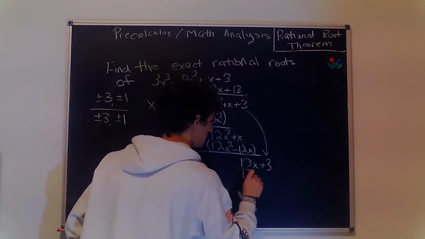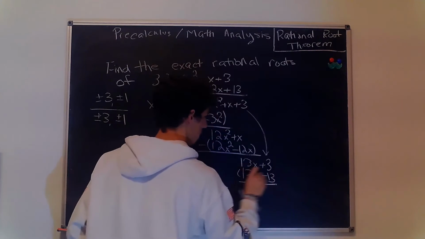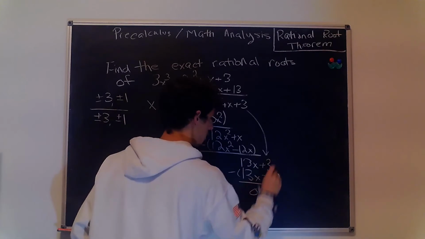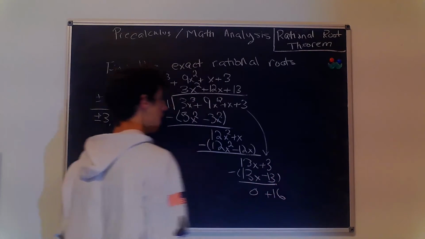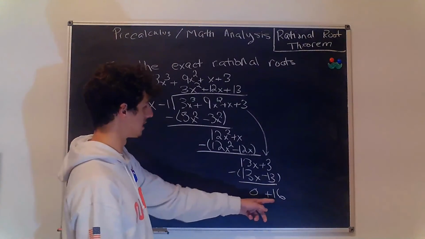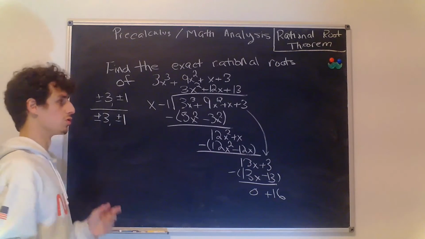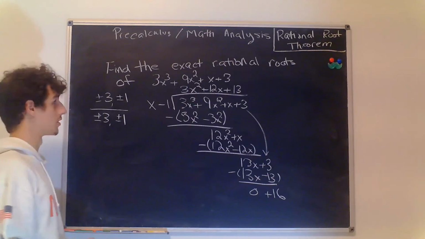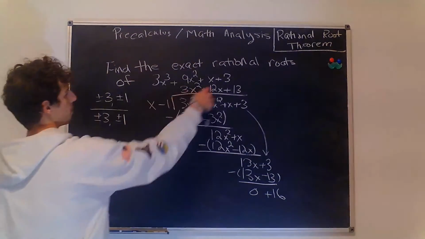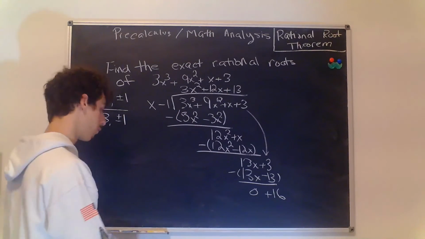So this will be 13x minus 13. This is going to be 0 plus 16. But notice this 16 cannot be multiplied by x, and so our remainder here is 16. But that tells us that x minus 1, or x equals 1, is not a factor or a root of this polynomial. So let's test x plus 1, or the root x equals -1 next.